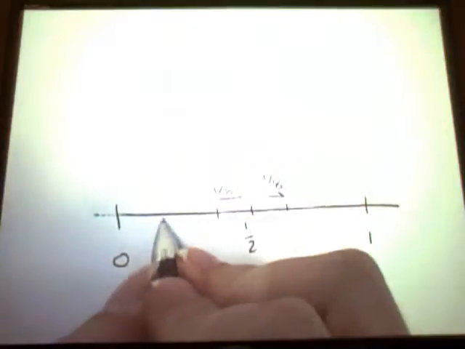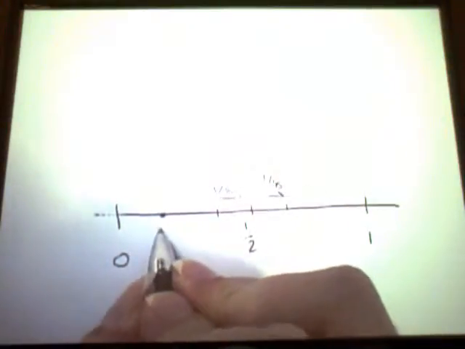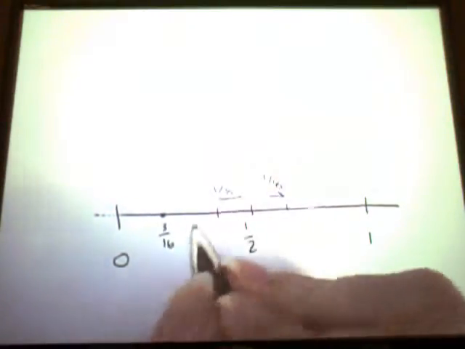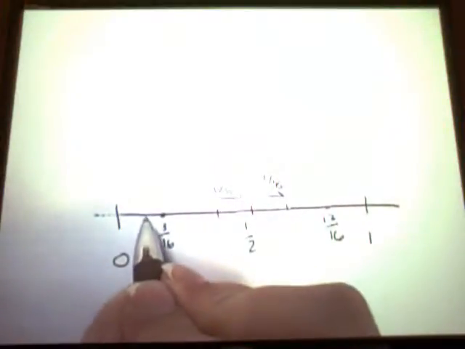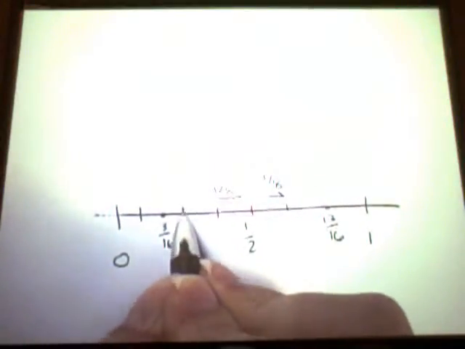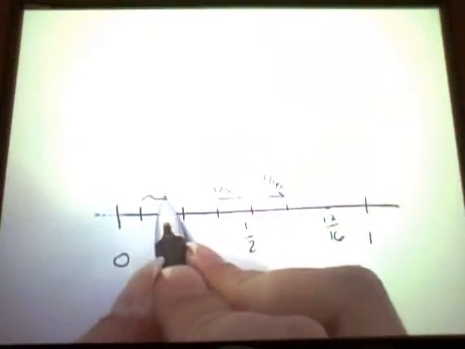Then the next part of the construction is to go to the center point of each remaining piece. It's 3/16 and 13/16, and take away a centered 1/8, which would be a 16th on either side, right?